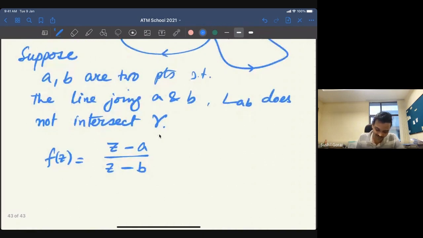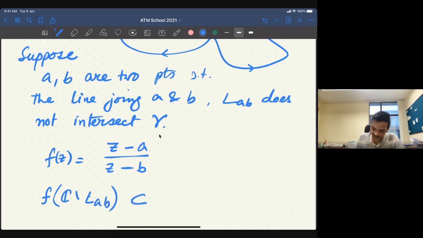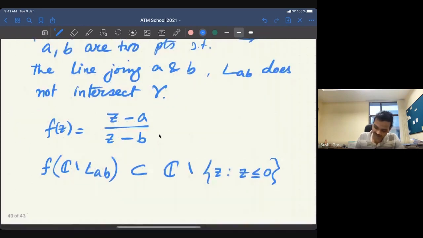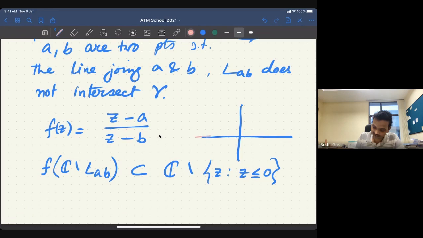You note that the image of C minus the line joining A and B lies in C minus the set of z such that z is less than or equal to 0. Which means this lies in this part.